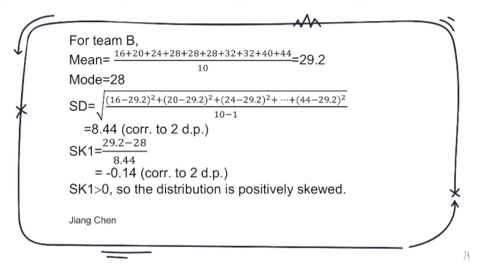We can calculate the SD for Team B, as the picture shows, which is approximately equal to 8.44. Finally, SK1 for Team B is approximately 0.14, which is above 0. So the distribution for Team B is positively skewed.